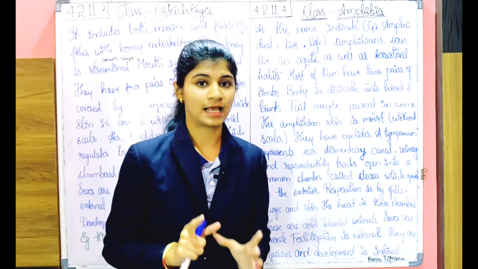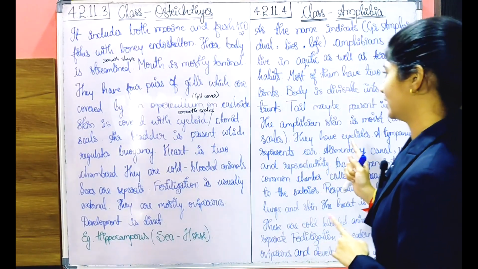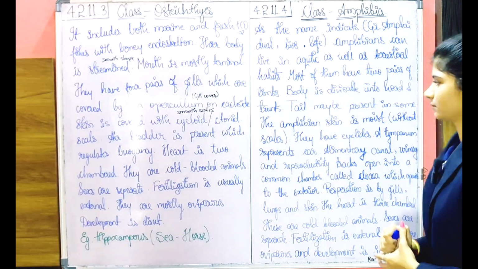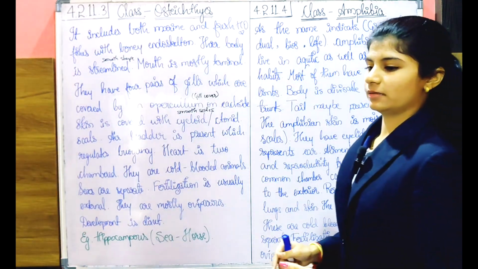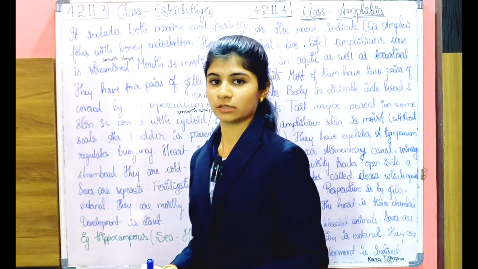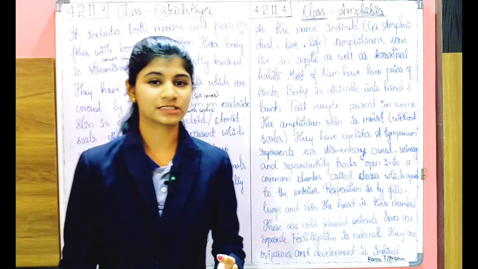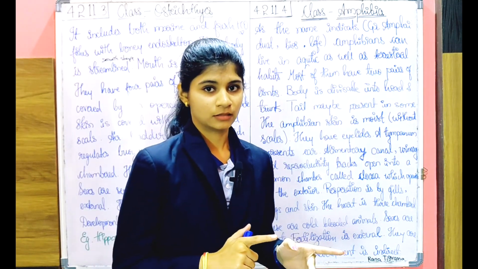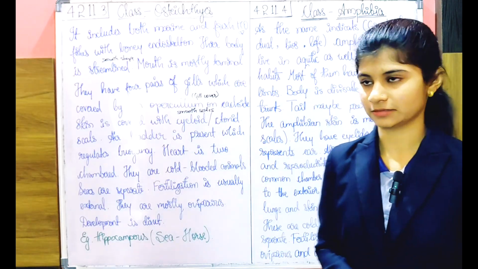The neck is absent in the class Amphibia, as in the frog, which is divisible into only trunk and head. Then the tail may be present in some. In some animals the tail is present, but in the frog the tail is absent.